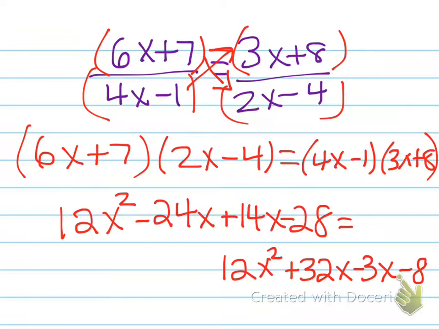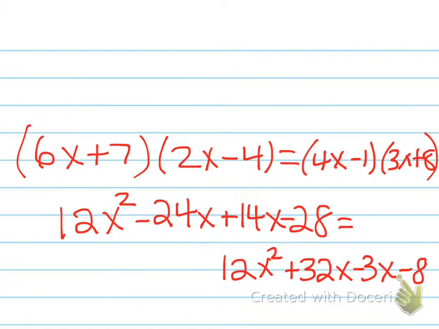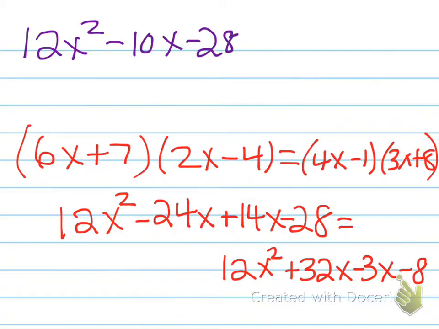Alright, I'm going to give myself a little bit more room up top here. Okay, so now we have 12x squared minus 10x minus 28 equal to 12x squared plus 29x minus 8.